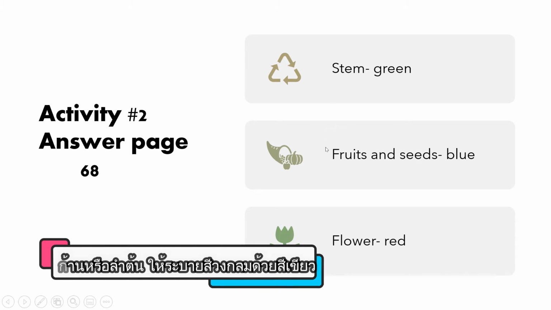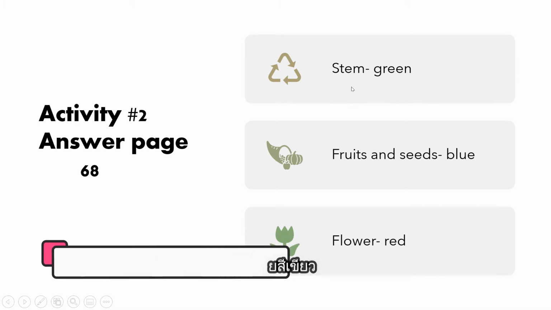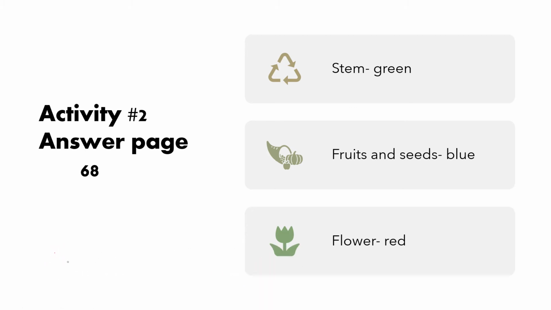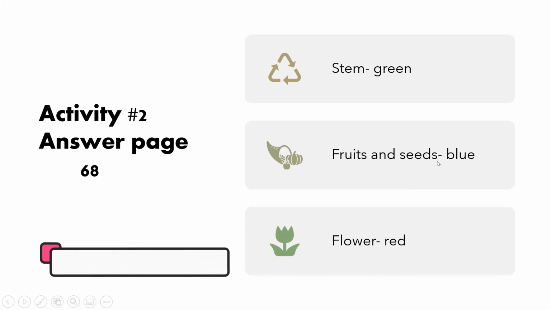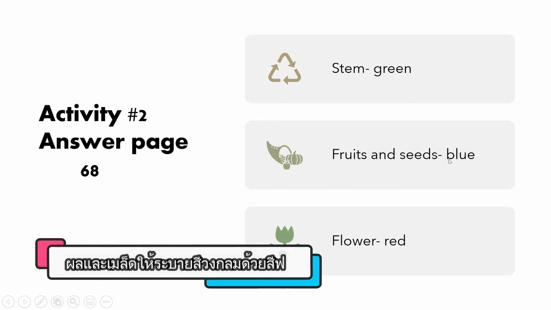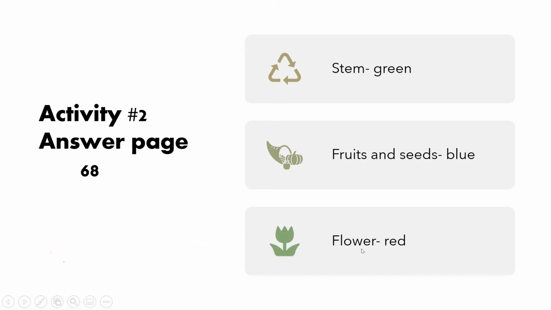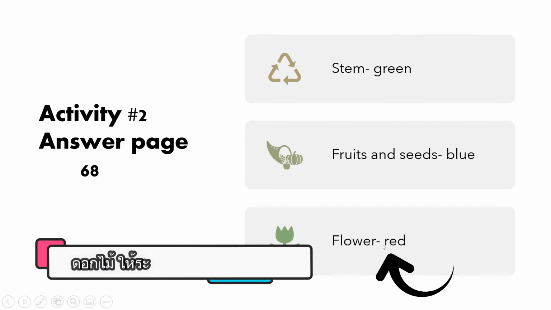For green in the circle, just color the circle. For the fruits and seeds, you have to use color blue. Okay, fruit and seeds picture, you just use color blue. And for the flower, you use color red. All right.